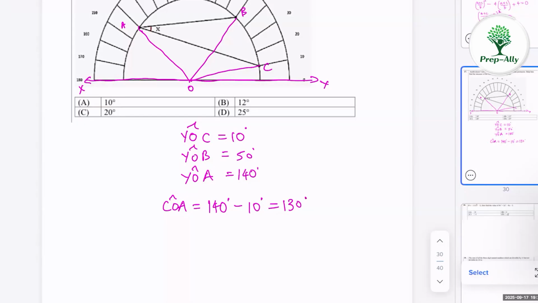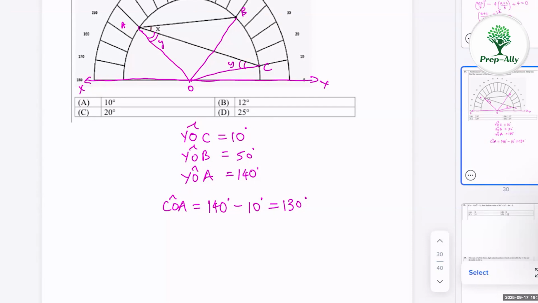Let's say this angle is some y, which is equal here because AOC is isosceles.